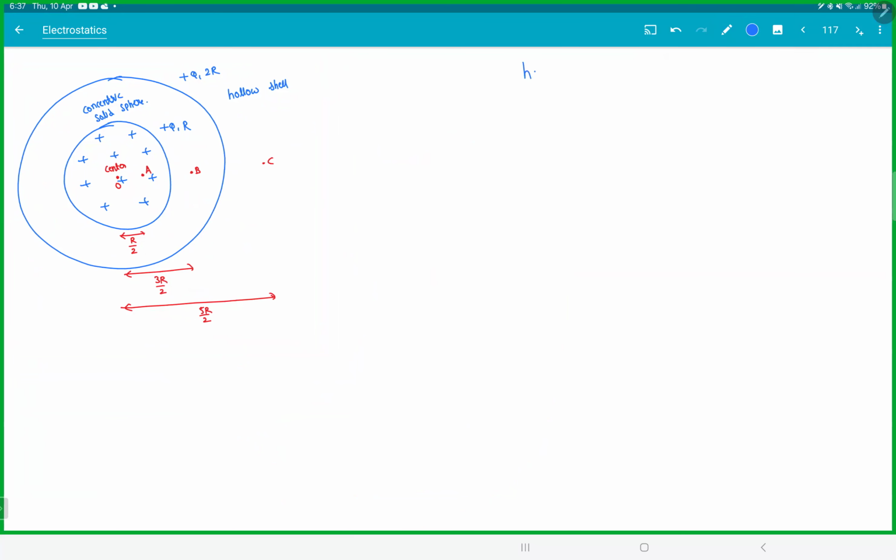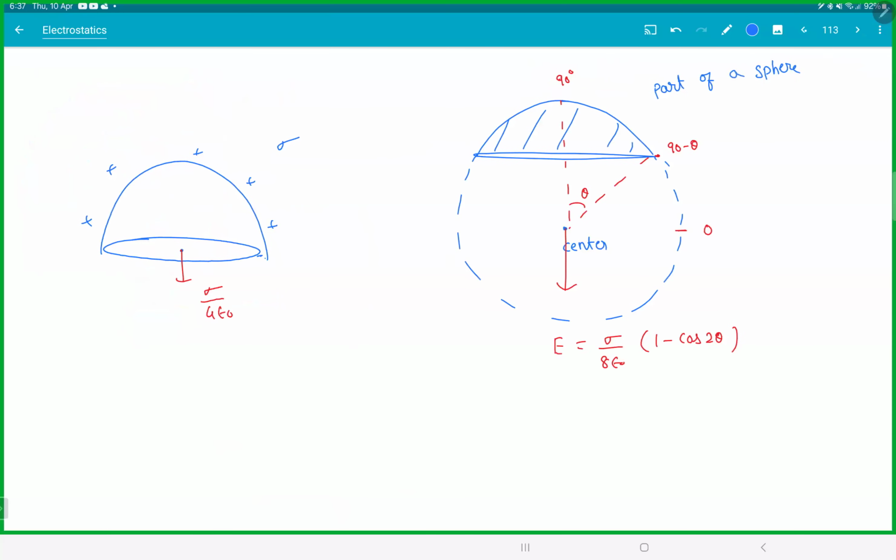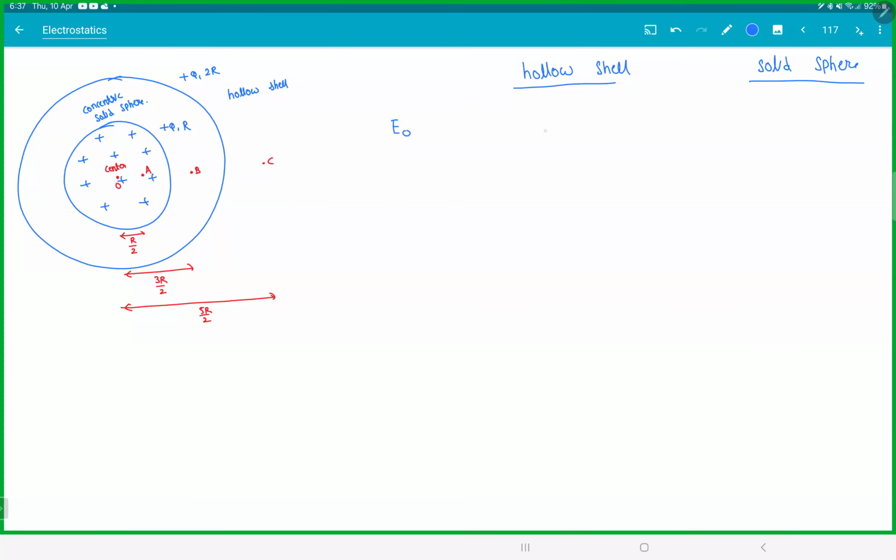I will find the result due to the hollow shell and the solid sphere. First thing, field at O. This is what you need to ask yourself: where is O for this hollow shell? Inside or outside? Inside. What is the inside formula for a hollow shell? 0. So this is 0.